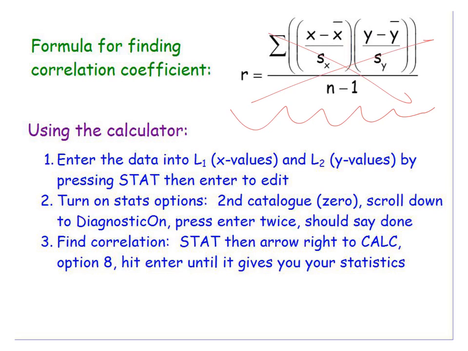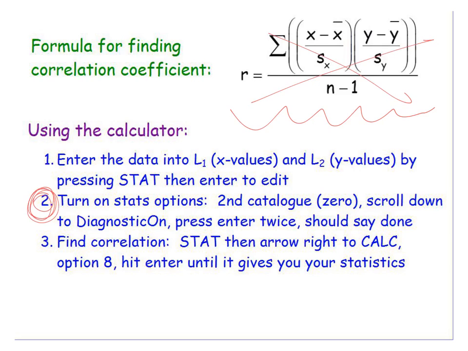The first thing you have to do is enter the data into the calculator. Your x values are going to be L1, your y values are going to be L2, and we've done this before. You're going to press the stat button, and then simply press enter to edit, and then put x in L1 and your y values in L2. Now step number 2, I'm going to circle it for a second here. This only has to be done once.